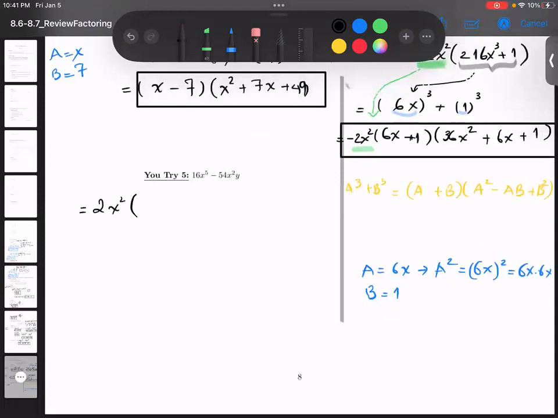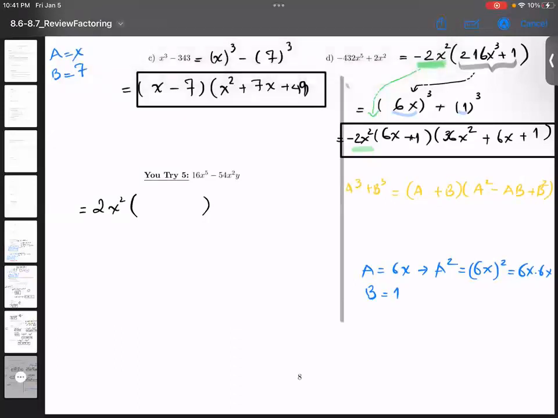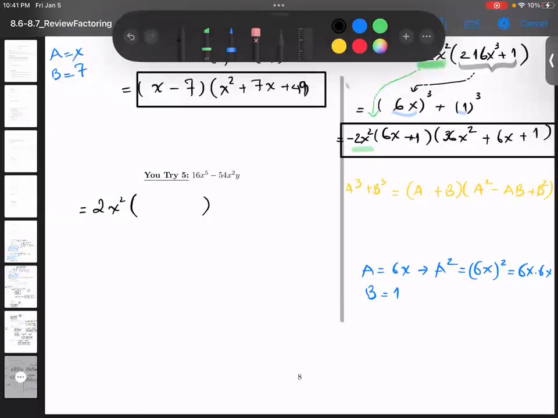All right, onward for the last one. Yay. I factor out 2x squared. So what remains? That'll be 8x cubed, minus 54 divided by 2, 27.